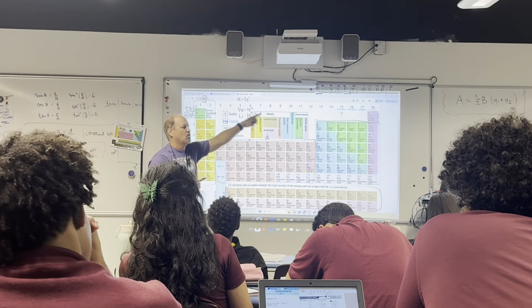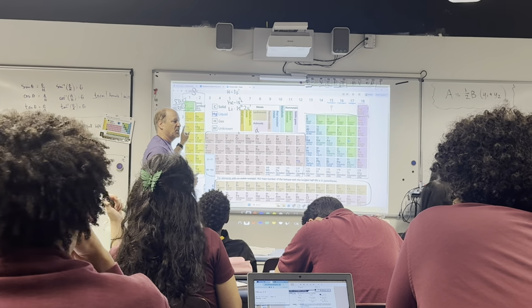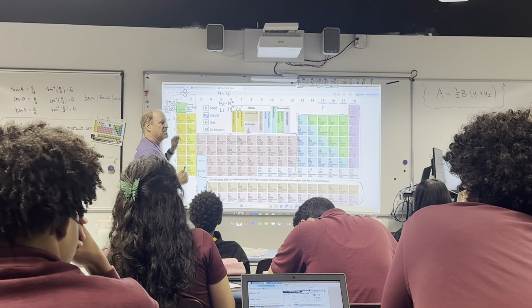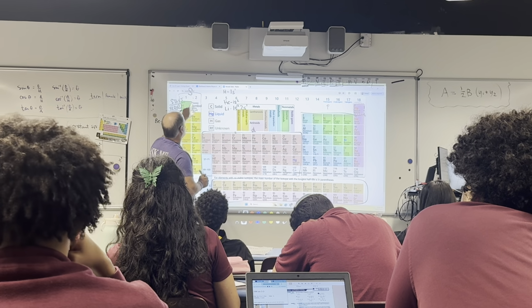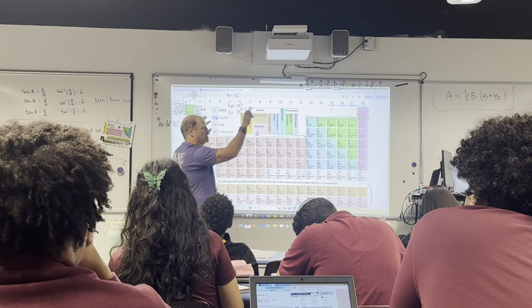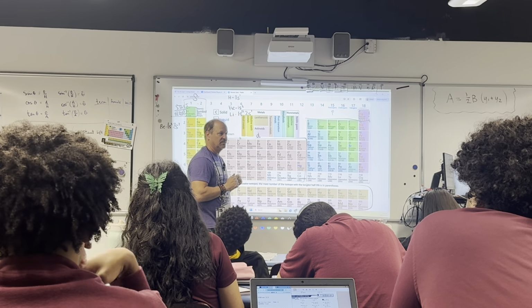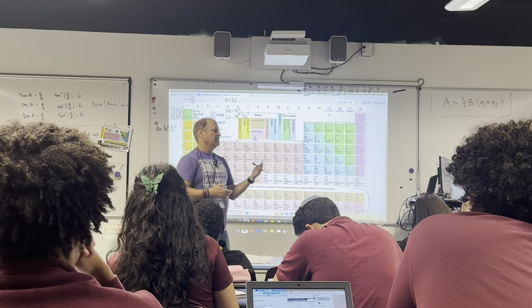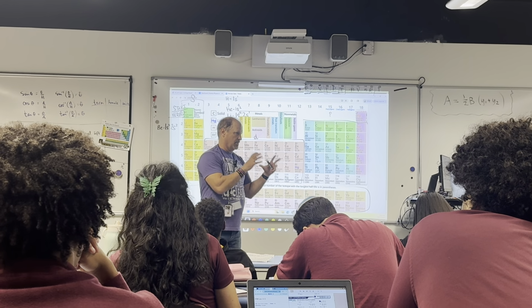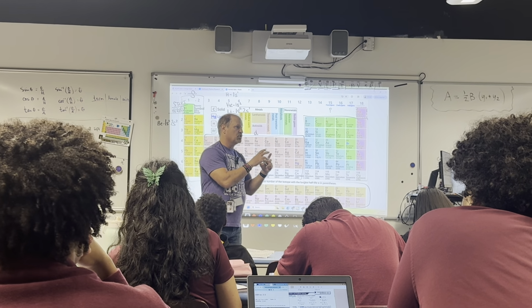I'm trying to go across left to right, top to bottom until I get to the element I'm after. So if I'm doing the electron configuration for hydrogen, it's 1s1. Every other element is going to start with 1s2, because all we're doing is denoting how the electrons fill in what order on the electron energy levels.